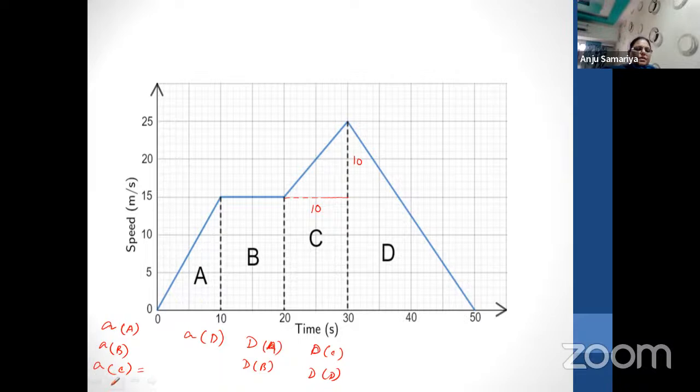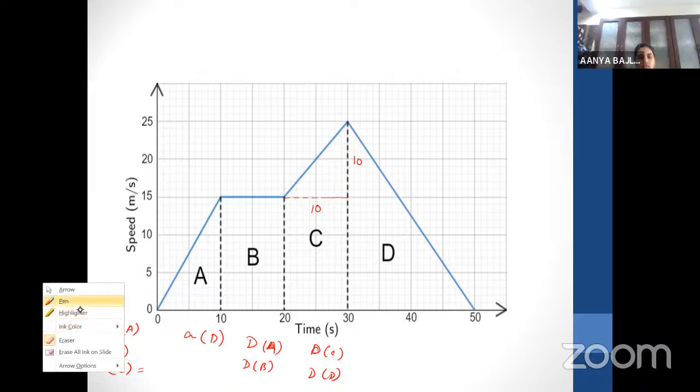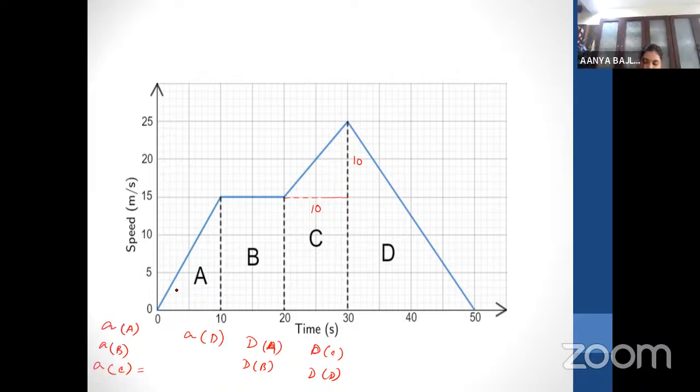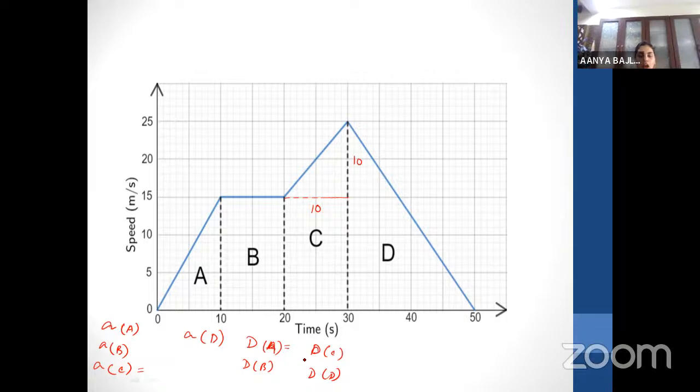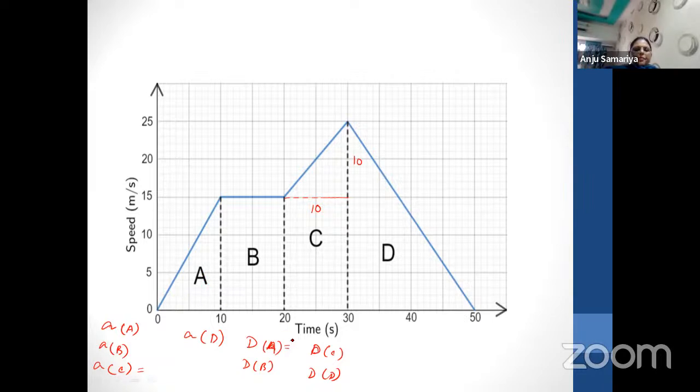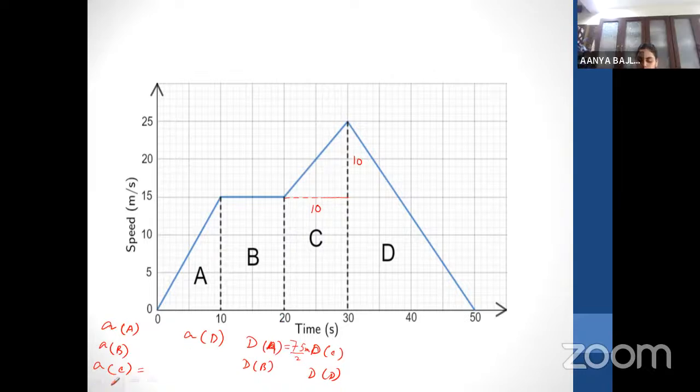Now, displacement. Displacement of A will be half into 15 into 10, which is 75. Yes.